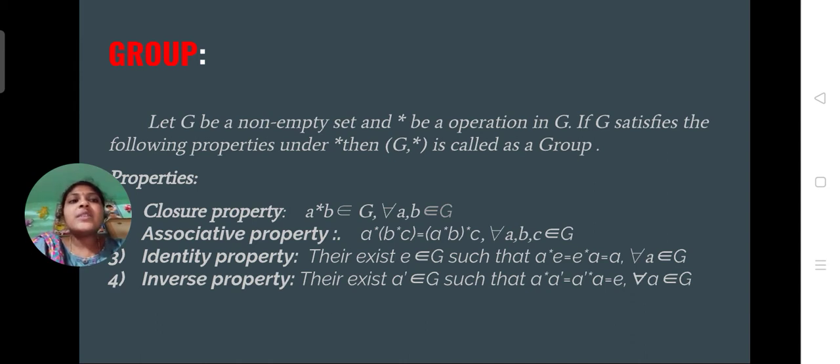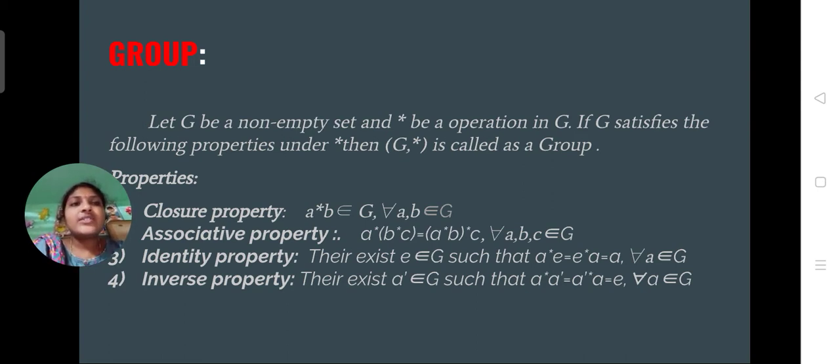If we take any element A belongs to G, then there exists A dash belongs to G such that A star A dash is equal to A dash star A is equal to E. Here E is the identity element, and A dash is the inverse element of A. So if the non-empty set G satisfies these four properties, then that set is called a group under the binary operation star. Now let us take other operations: addition, subtraction, multiplication and division.